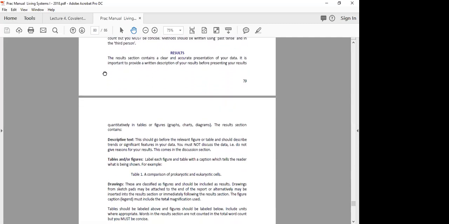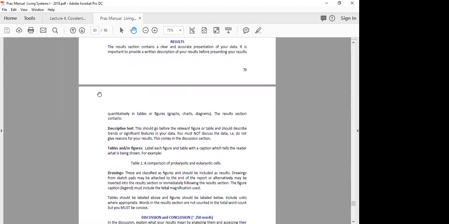Results. Now the results consists of 2 parts. It starts with some descriptive text. This is how you always start the results. Don't just dive straight into a table or a graph or some other type of figure. Always start with at least a paragraph, even if it's a short paragraph, which actually describes trends or significant features in your data.